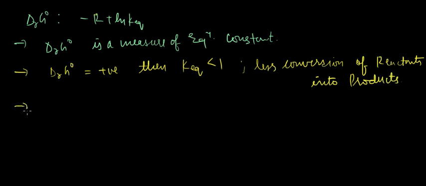Okay, and then we can write that if delta Rg naught is equal to 0, then K equivalent is equal to 1, and we have appreciable conversion of reactants into products.